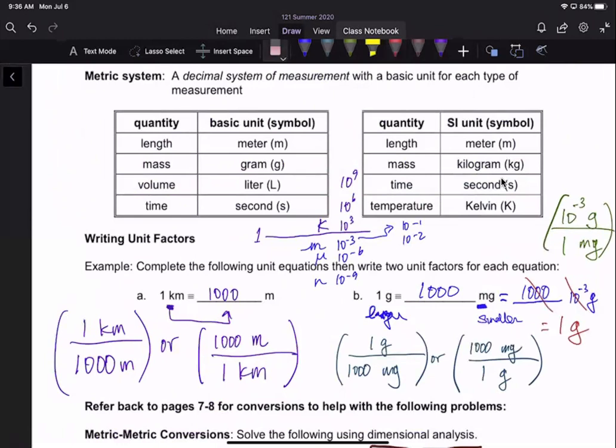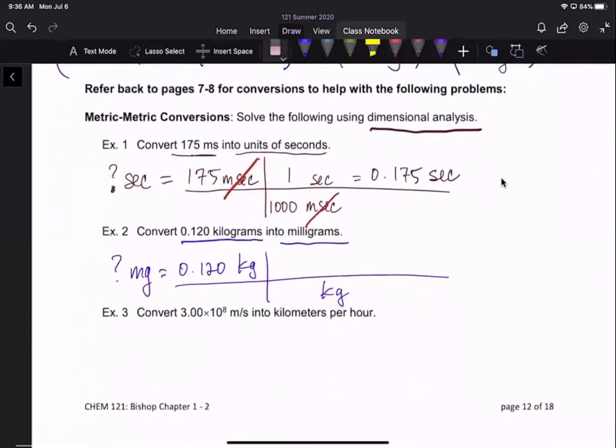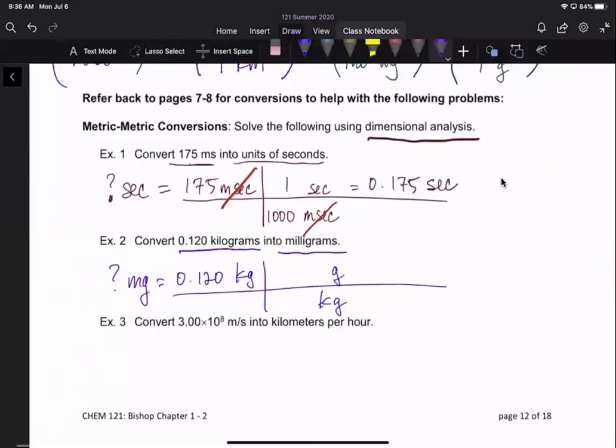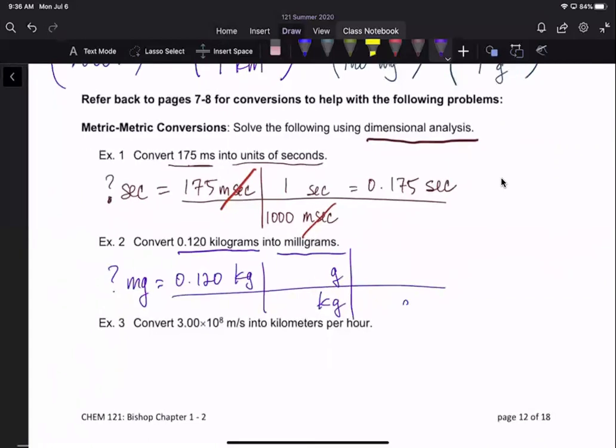So don't try to go from milli to kilo or something like that. You can do it, but it can introduce sources of error, and you don't need any extra sources of error. So let's just go from kilograms to grams. Then we won't have what we're looking for. We need to cancel out the grams, and then we'll go from grams to milligrams.